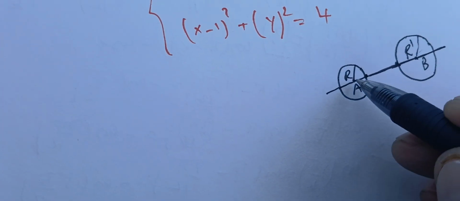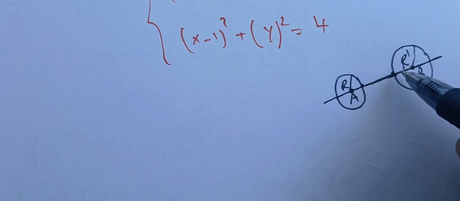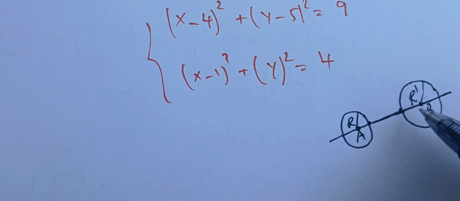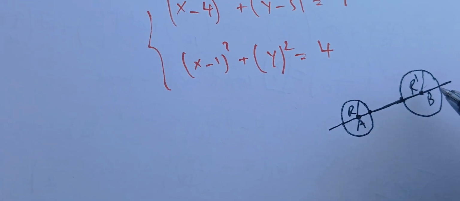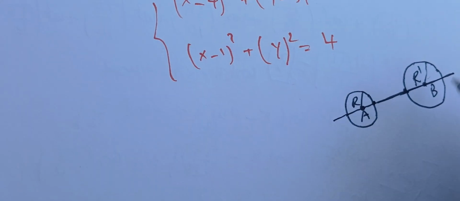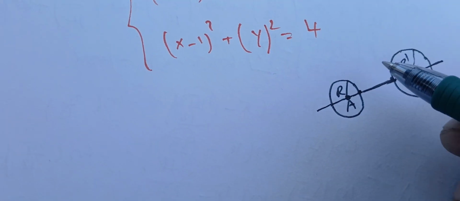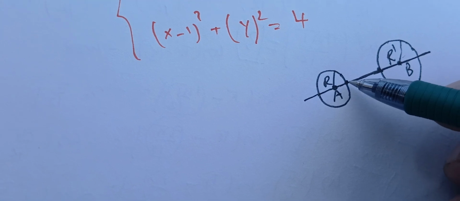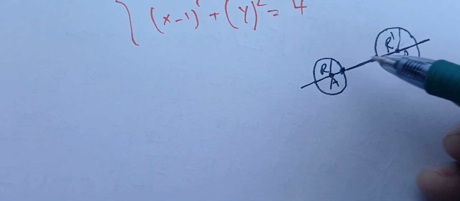So we have the centers. We know the coordinates of the center of circle A and the center B. So we have 2 points, and we can construct this line. We can, for instance, solve the equation of the intersection between a circle and a line and find this point.